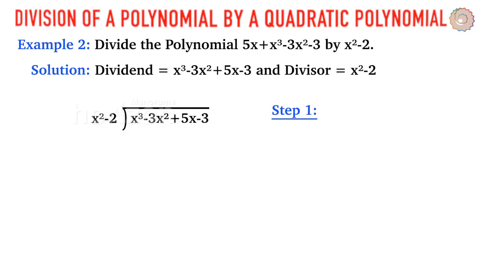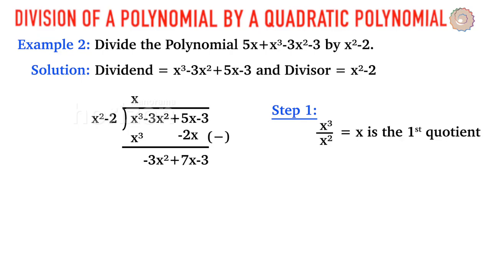Divide the highest degree term of the dividend by the highest degree term of the divisor, then carry out the division process. So x^3 by x^2 equals x is the first quotient. Now multiplying the divisor with the first quotient, we get x^3 - 2x. Subtracting it from the dividend, we get -3x^2 + 7x - 3.